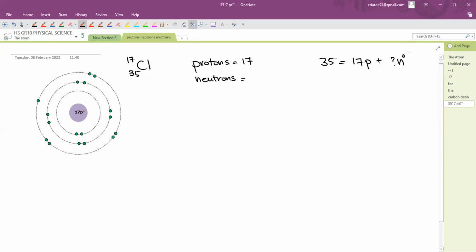Well, it must be 18. You see that? So the neutrons are 18. How many electrons do we have? 17. Okay, excellent.